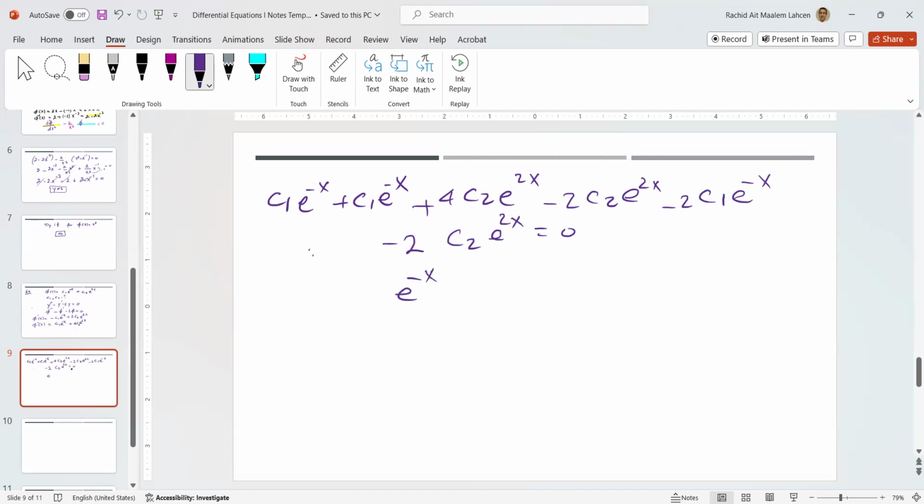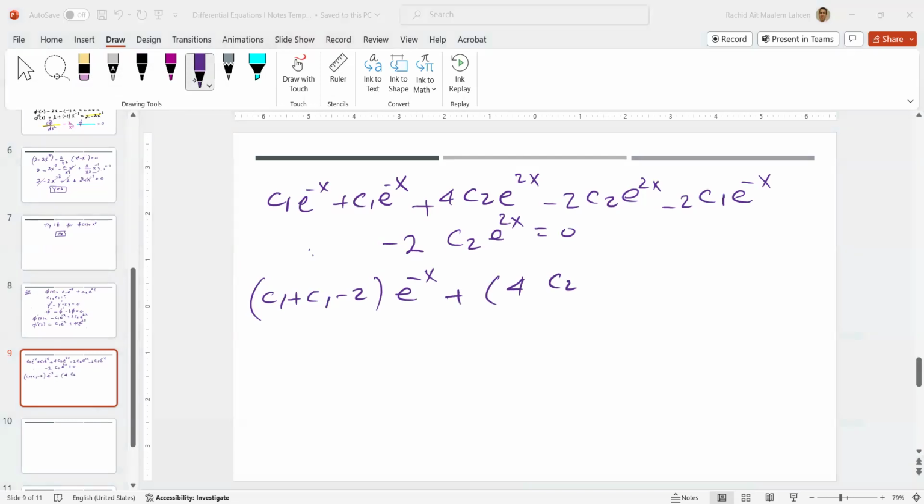And of course, if we factor this e to negative x, you'll get C1 plus C2 minus 2. Then the C1 terms factor, we get these.